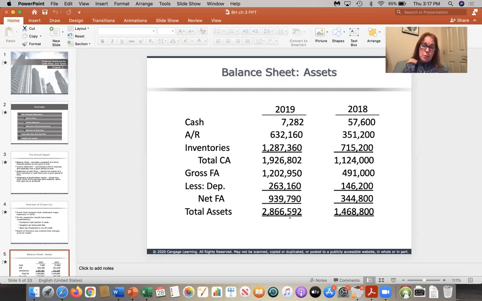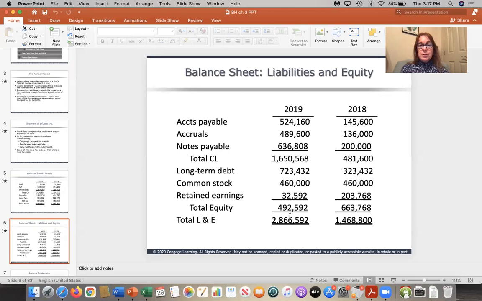This number has to equal our liabilities and owner's equity on the other side of the balance sheet. All right, here's the other side. So we have accounts payable. Accounts payable is money that we owe to our suppliers. So we've purchased things from our suppliers, and this is what we owe them. That's increased because of the expansion.